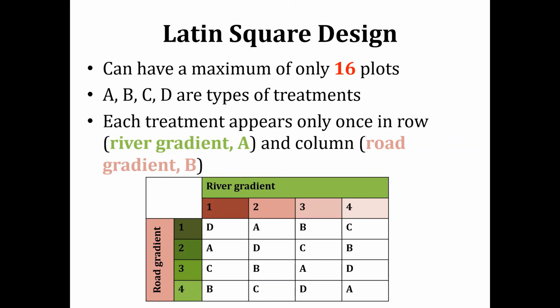So you can see that the treatments are repeated only once in each row and only once in each column. We have 4 blocks for the river gradient and 4 blocks for the road gradient. So we have the square design of 16 plots and 4 treatments. Each treatment is repeated 4 times, but only once in each row and only once in each column. This is the basic design of the Latin square design.